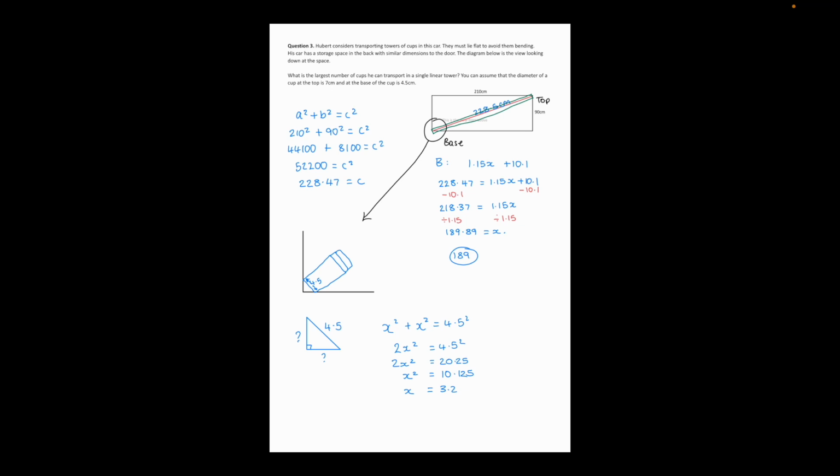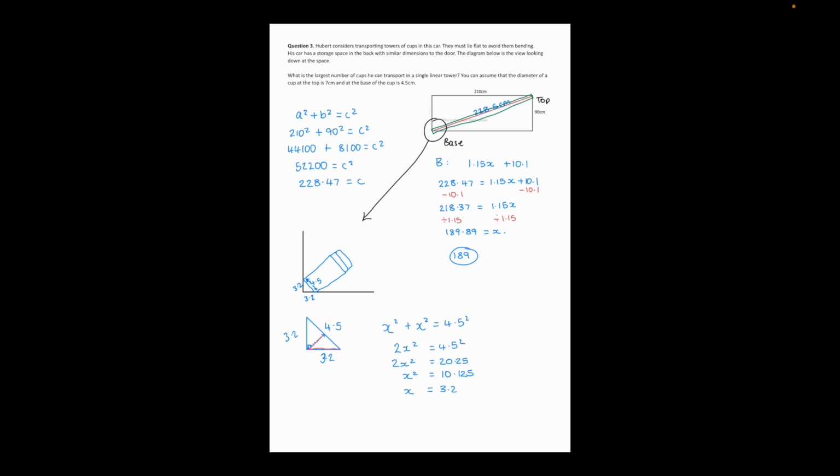So roughly I'm missing 3.2 on each side. Now I can try to work out how much this lost distance is. If I know that this is 3.2, and this side here is also 3.2, I can work out a smaller triangle.